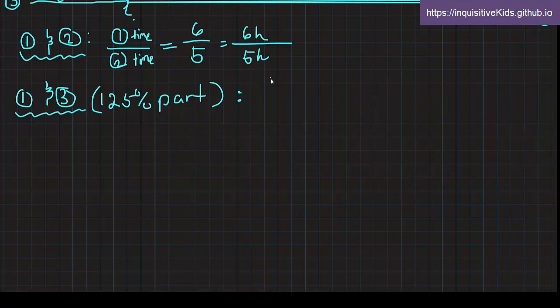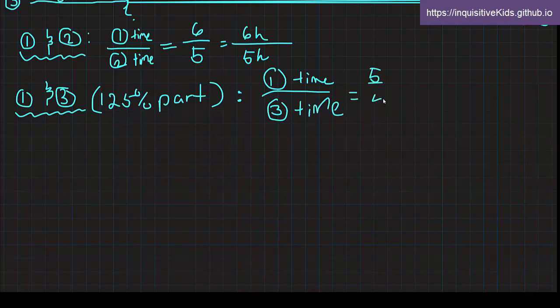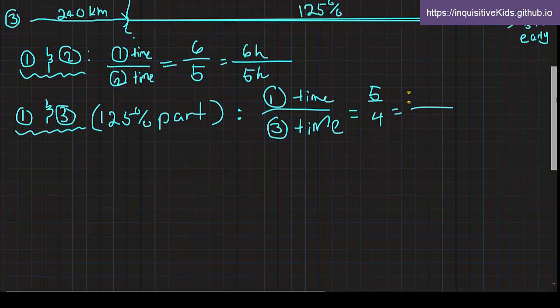So the time taken for 1 to the time taken for number 3 is equal to 5 to 4. And we need an equivalent ratio of 5 and 4 that is 2/3 apart.